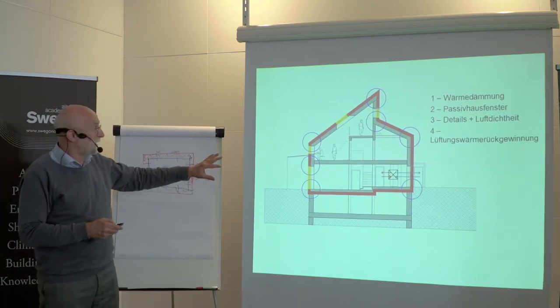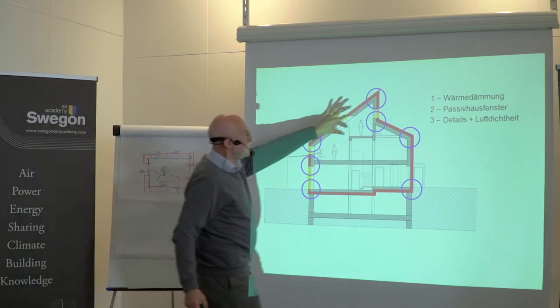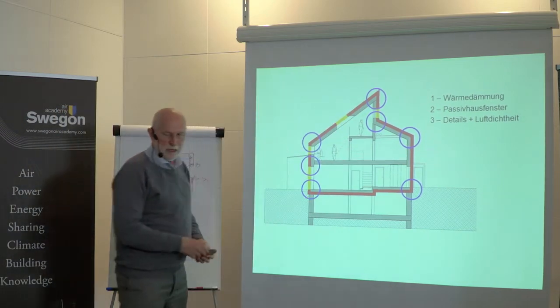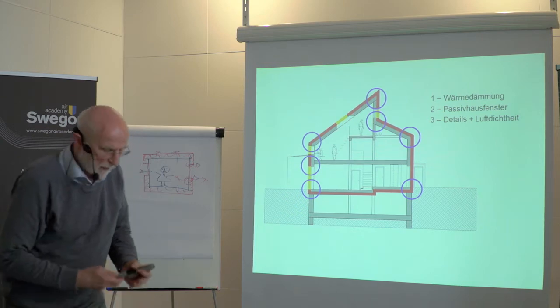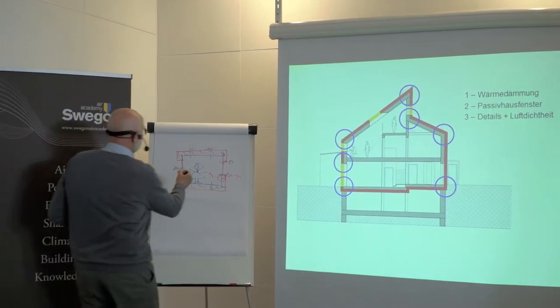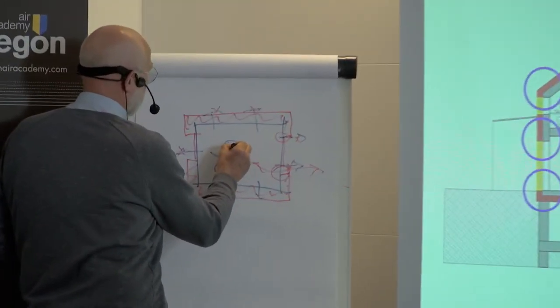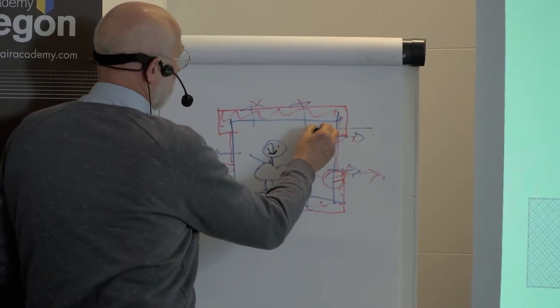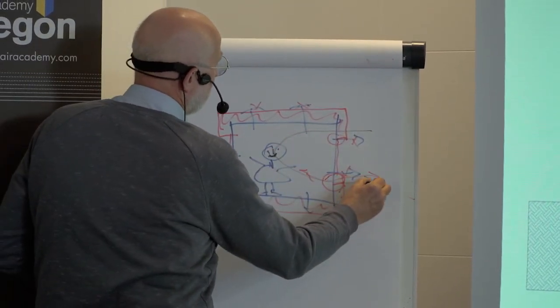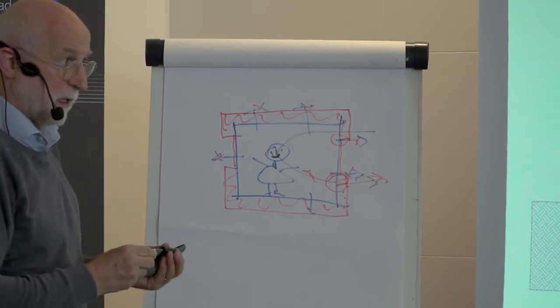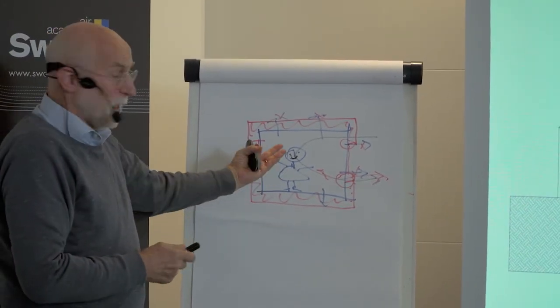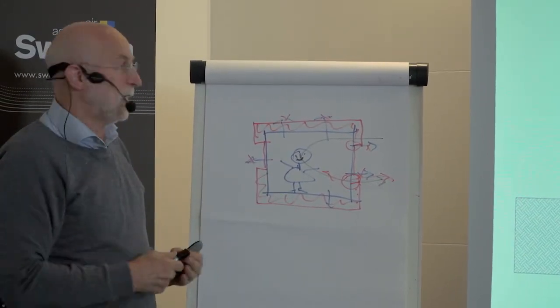And if we have more or less no loss through the building shell, we still need some energy because this one here wants to breathe. And therefore he needs fresh air, and the old air has to go away. And it's a loss of energy for the heating season.